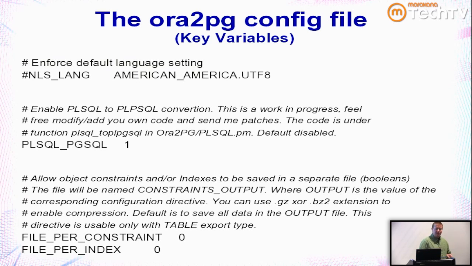And likewise, if you set the file per constraint for any constraint, so effectively you're going to get a table and all of its alter statements in a single file, and then all of its indexes in a single file. So you'll have a propagation of output .sql files named per table name, but it is beneficial in terms of it gives you the ability to have a lot of control over how you do the migration and what order you do the migration and so on and so forth.